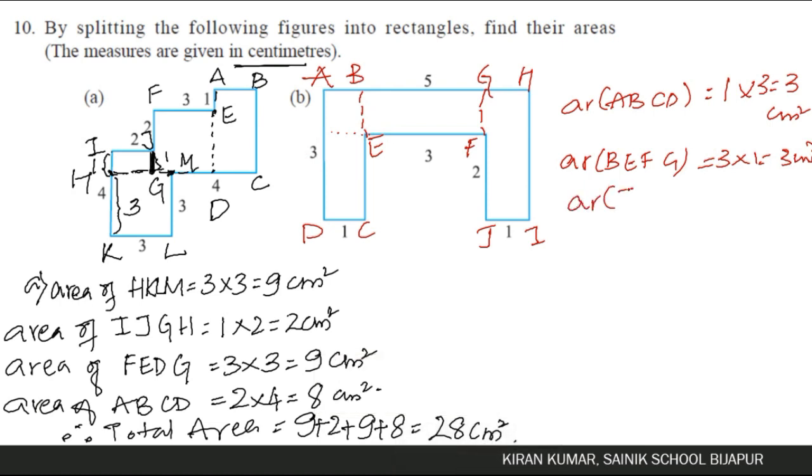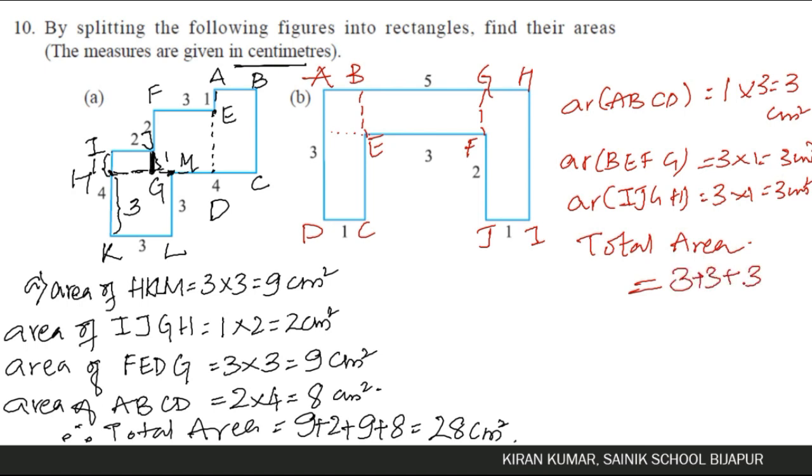Area of IJGH is also 3 into 1, this is 3 centimeters square. So the total area will be equal to 3 added to 3 added to 3, 9 centimeters square.